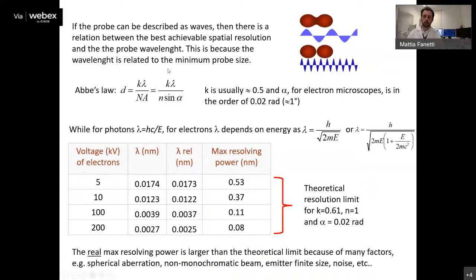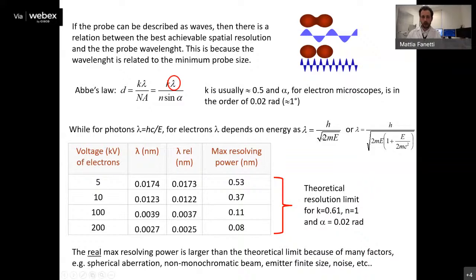There is a relationship between D, the resolving power or spatial resolution, and lambda. What I want to highlight in this formula is lambda. Lambda is the wavelength of the probe, in this case, the wavelength of electrons.